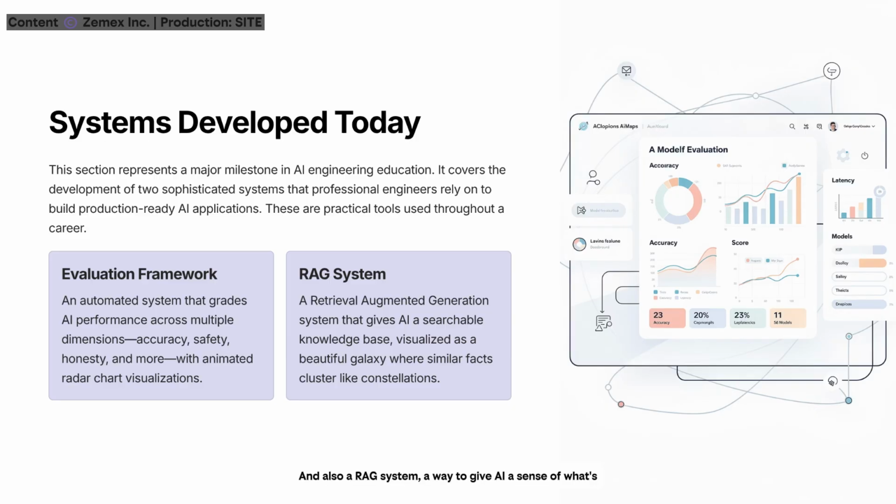And also a RAG system, a way to give AI a searchable knowledge base so it can look up information before answering, visualized as a beautiful galaxy where similar facts cluster together.